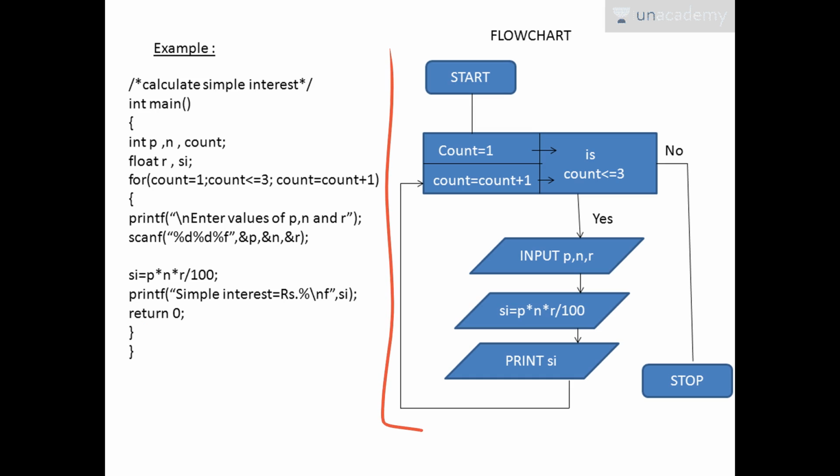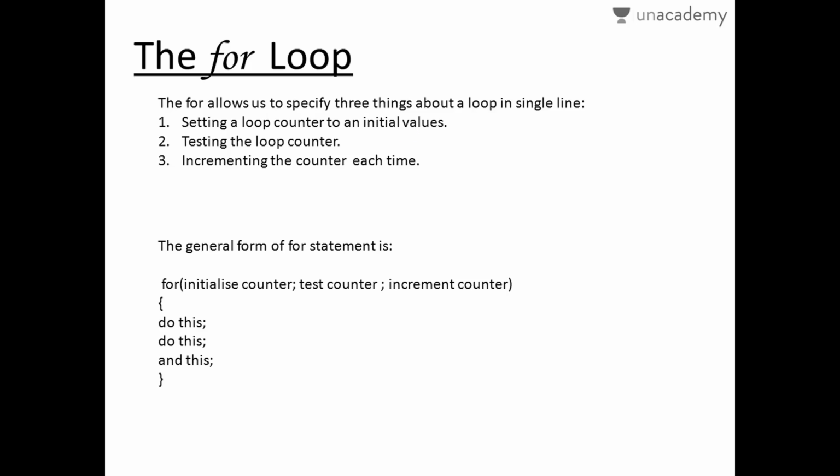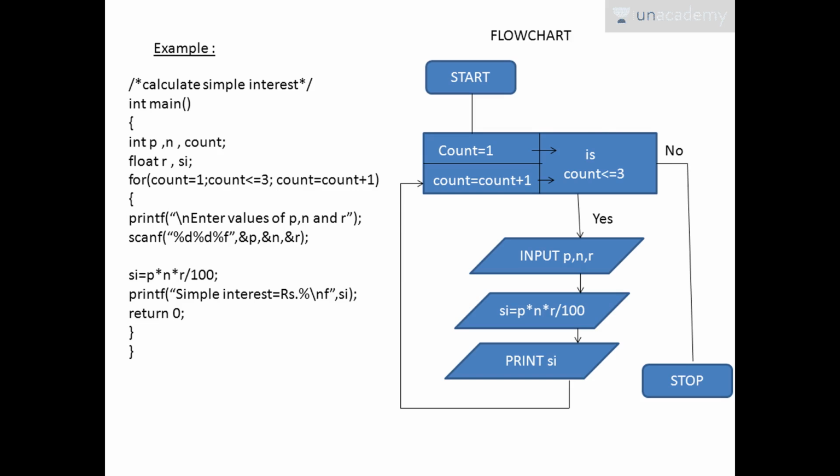The same procedure of the flowchart is explained here with the start and end points. You write the initializing, testing and incrementing all in one single place, where this is first initialized, this is tested, and then this is incremented.